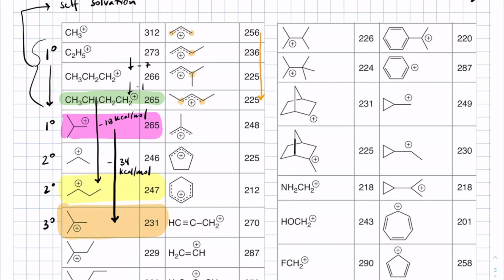These aren't numbers to memorize, but you should be able to rationalize these trends based on arguments that we've talked about before for carbocation stability.